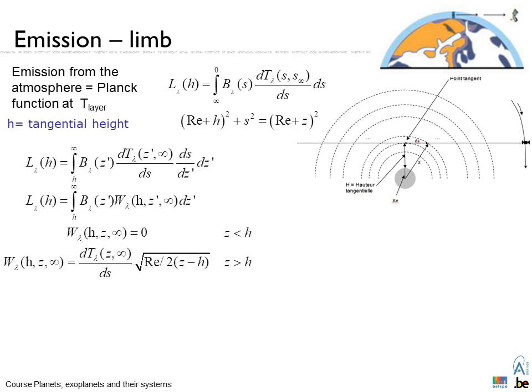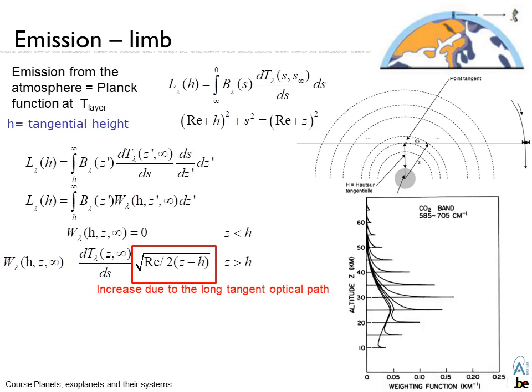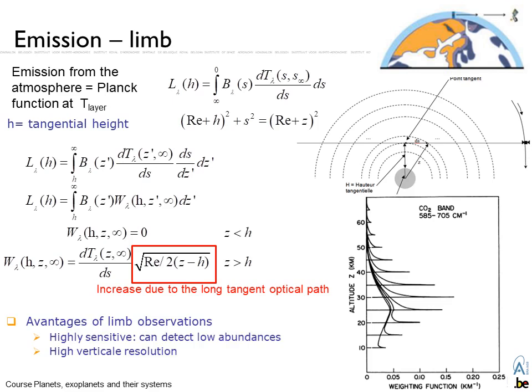Changing slightly the way the equation is written, one can again define the weighting functions, which are represented for typical observations in the plot on the right for different tangent heights sounded sequentially as the instrument probes from the top of the atmosphere down to lower altitudes. Limb observations usually provide high vertical resolution and are sensitive to low abundances.